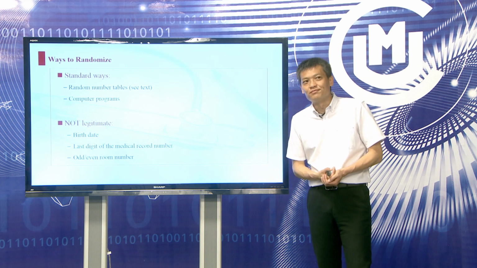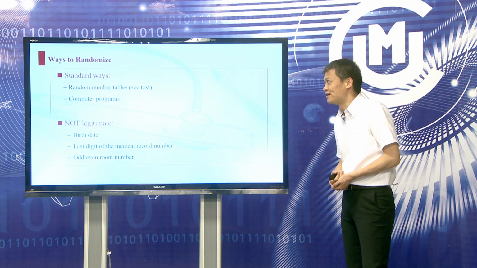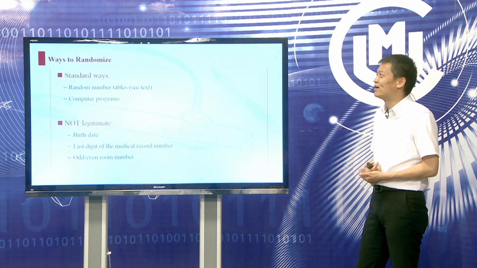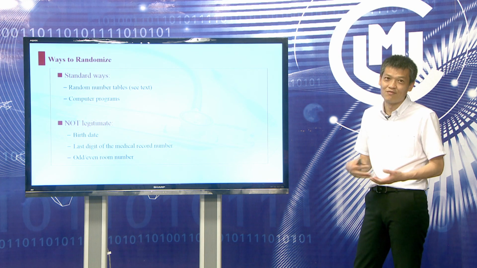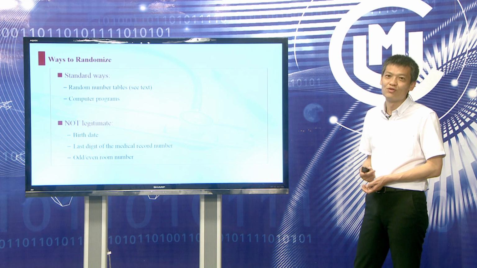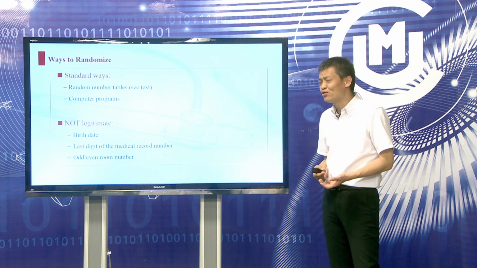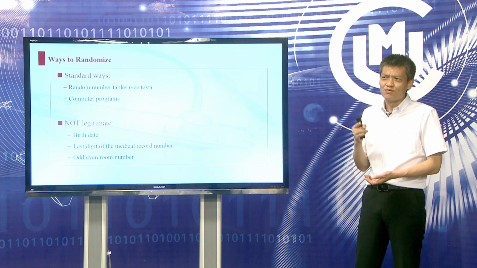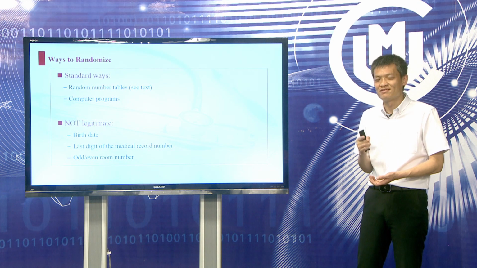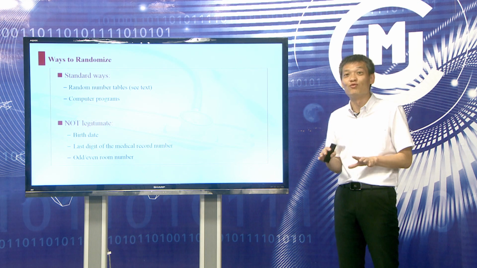How do we implement randomization? There are standard ways. First is random number tables, and another is computer programs. I recommend you implement randomization using computer random programs. The computer programs seem complex, but once you implement it, you will remember the program, and next time it will be very easy.